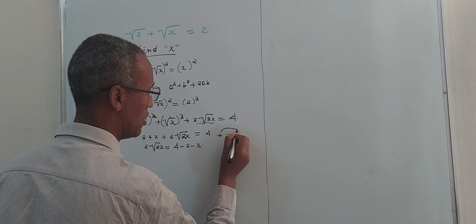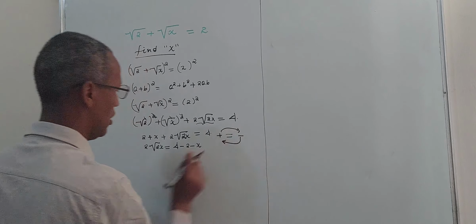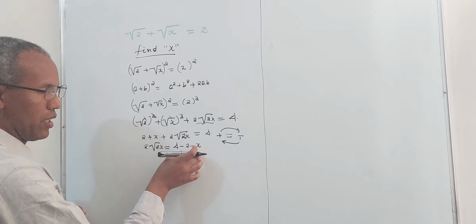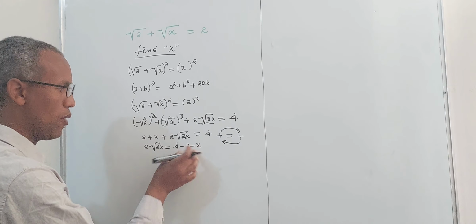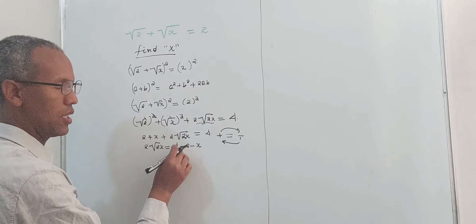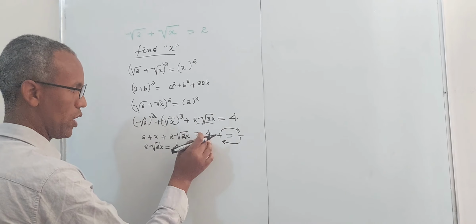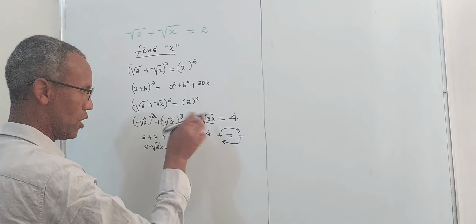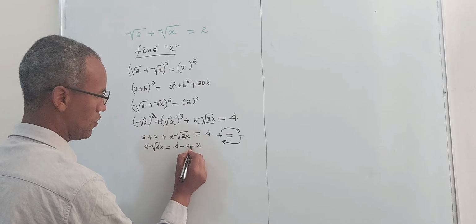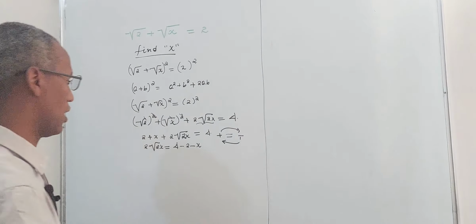You can use this rule. Using this rule, it's supposed to be a negative here. When you move the 2 from the left side of the equal sign to the right side, you will get a negative sign, as well as a negative x.